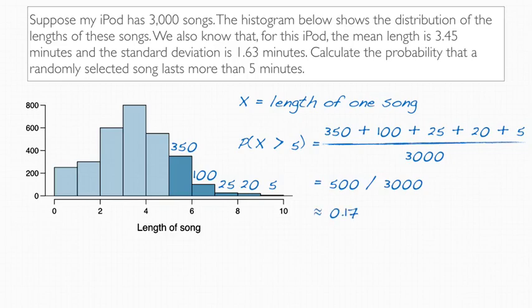So the probability that a randomly selected song on my iPod lasts more than 5 minutes is 0.17. Another way of thinking about this is 17% of the songs on my iPod last more than 5 minutes.